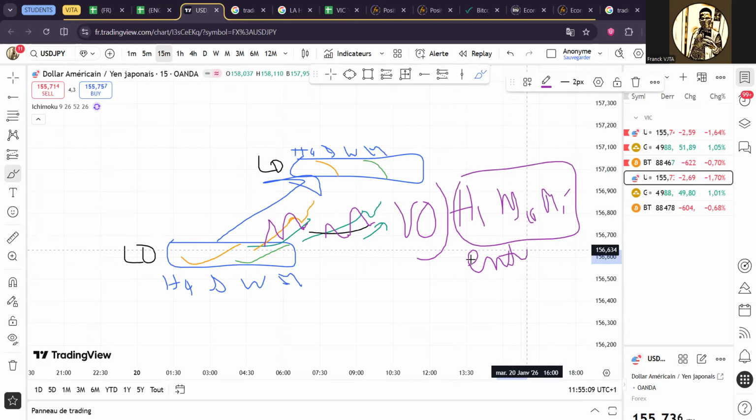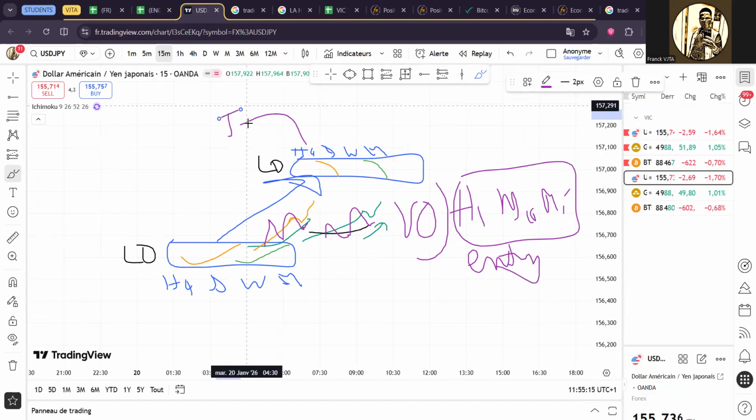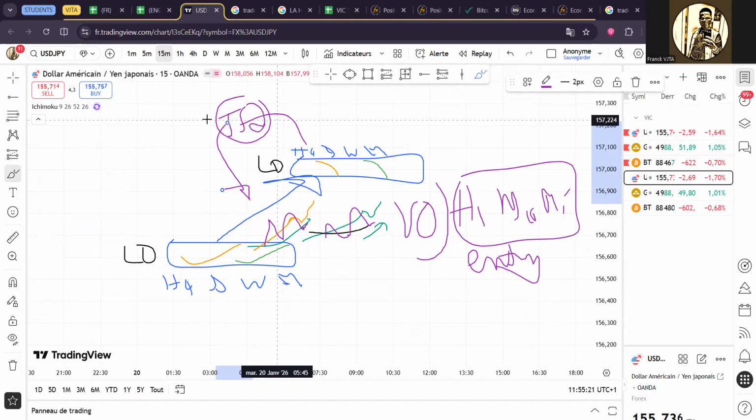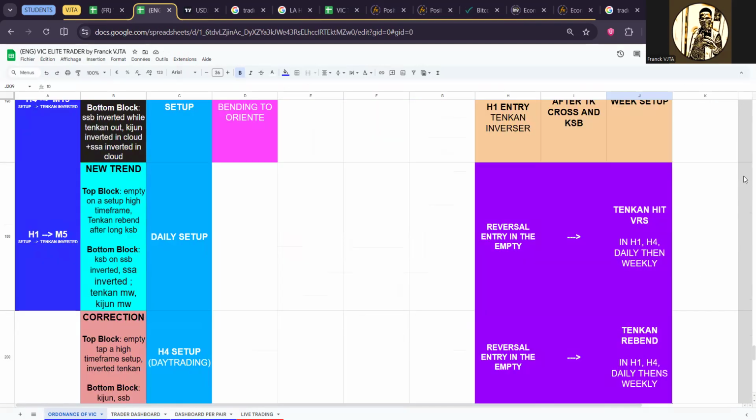That's where you look at voluminal orientation. And anyway, you do a TS2. You do a TS2 to look at the voluminal orientation. As soon as you do a TS2, from the setup to the time frame of entry, you can look at voluminal and linear orientations.